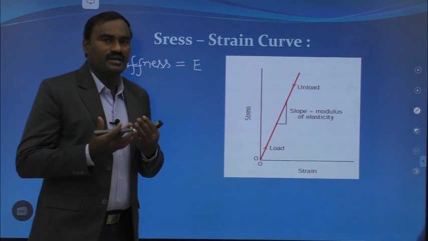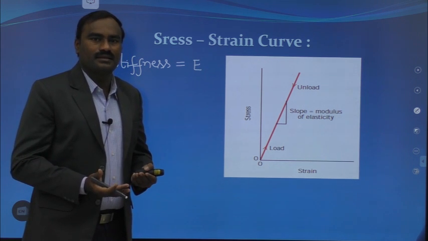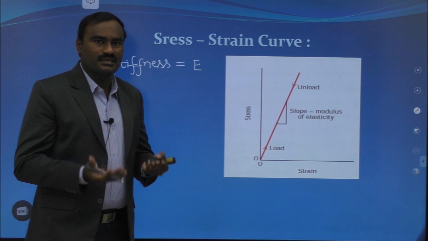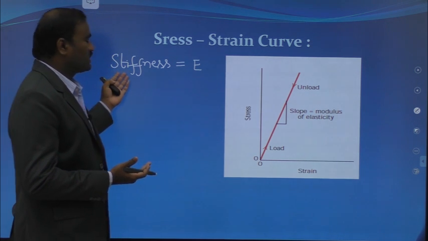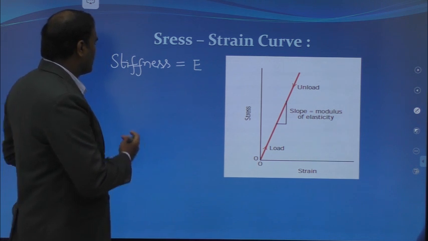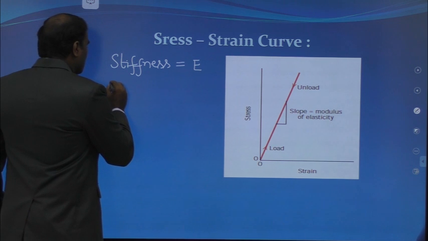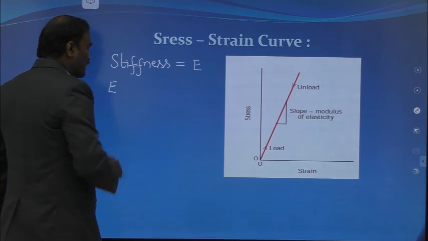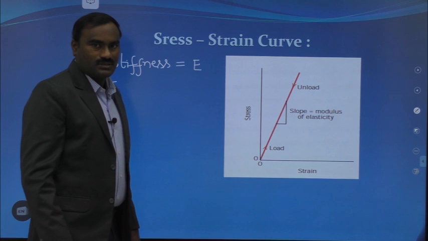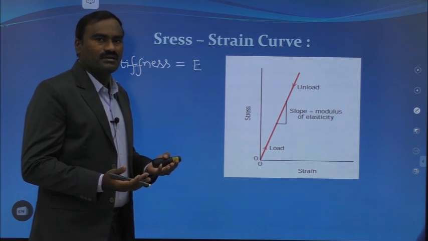That means if I find the modulus of elasticity of a particular material, then I have found the stiffness of that material. This modulus of elasticity E has a long range. That means it is different for different materials.